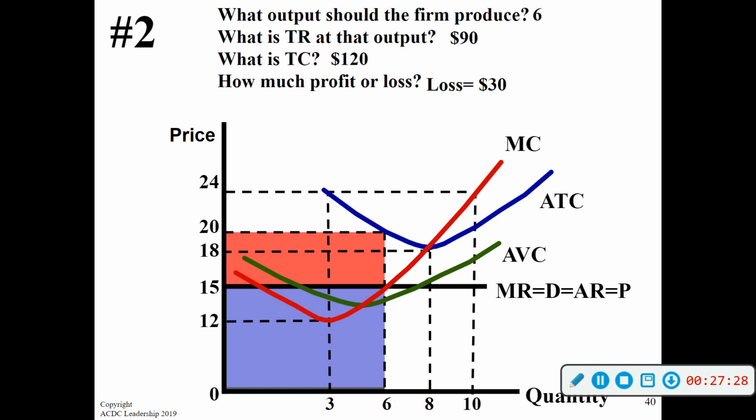If we calculate, it's about $13, so 7 times 6, 42. If they were to shut down, they're going to have to pay that fixed cost of $42. If they continue to produce, they're only losing 30.